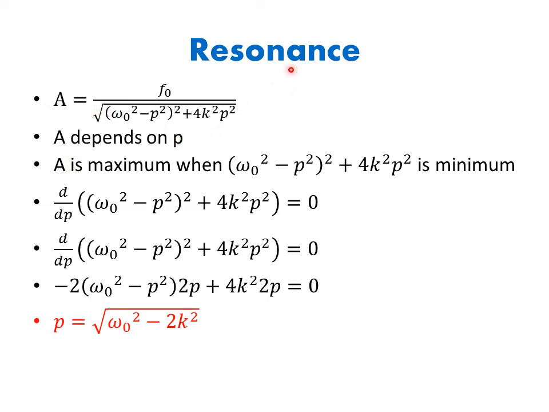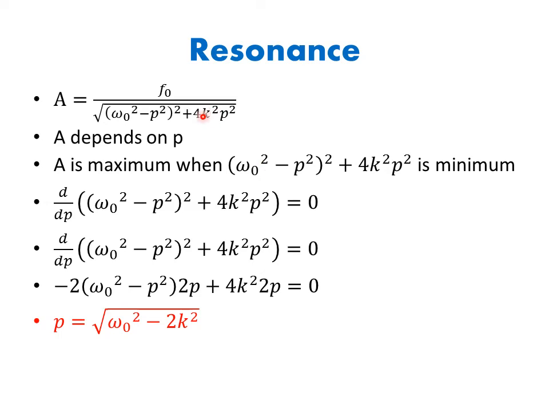In order to understand when resonance will take place, it means the amplitude will become maximum when this denominator is minimum. And in order to find when the denominator is minimum, since this is a function of p, it will be minimum when d by dp of this term within the square bracket is 0.